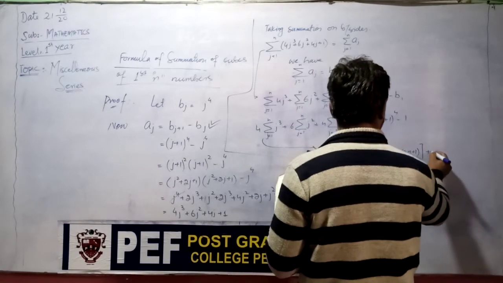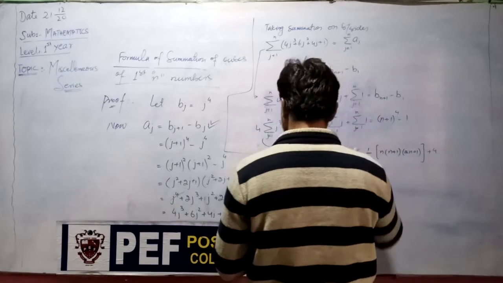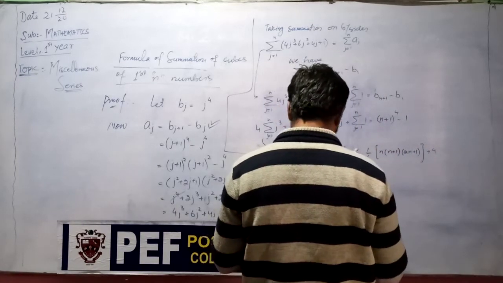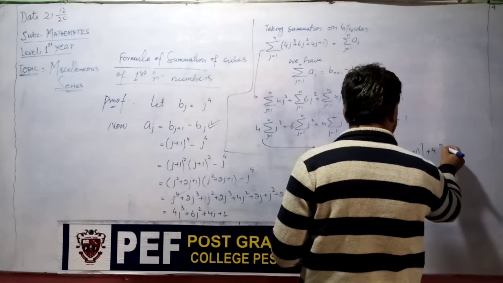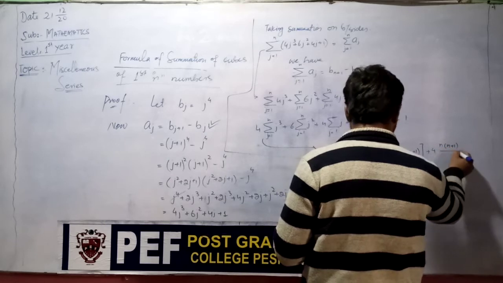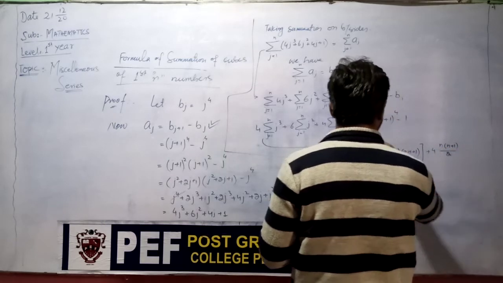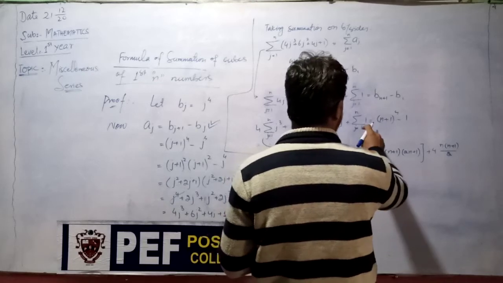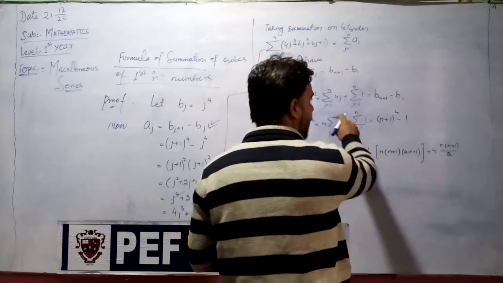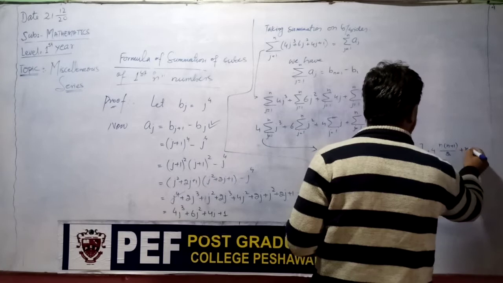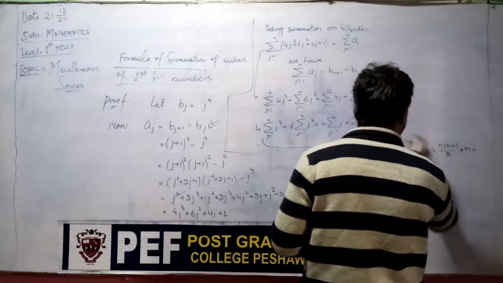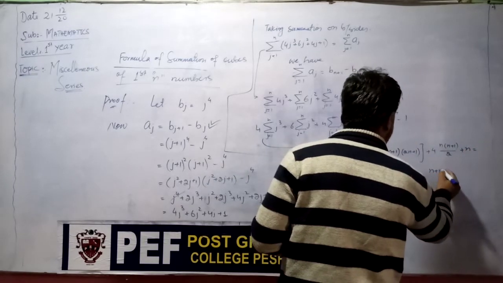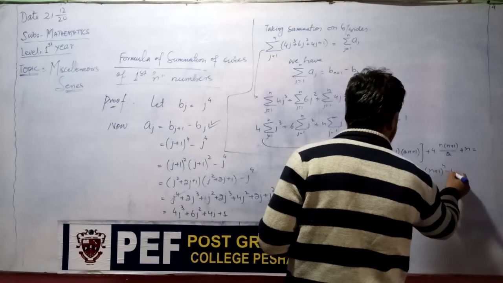Similarly, this is 4, and the summation of j we have already calculated is n(n+1)/2, and the summation of 1 from 1 to n is just n. On the left side we have (n+1)^4 - 1.